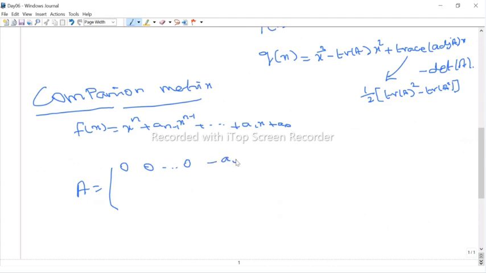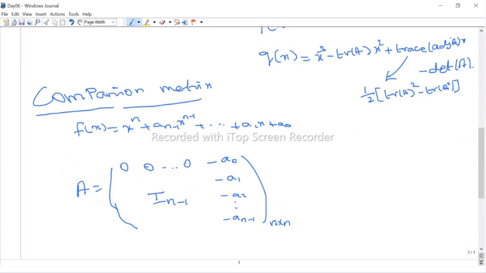In the last column we take the negatives of the coefficients, and in the remaining n minus 1 columns we take the identity matrix of order n minus 1. So the last column is minus a naught, minus a1, minus a2, up to minus a n minus 1. Okay, this is an n by n matrix.